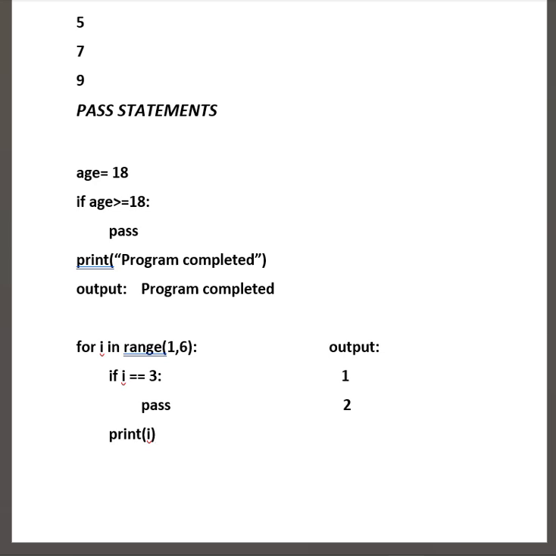Next 3. 3 is equal to 3, so the if condition is true, it goes to the very next line, pass. Pass, nothing is going to happen. Pass is equal to nothing. So it is going to print. Next, 4. 4 will be printed. Next, and so on.